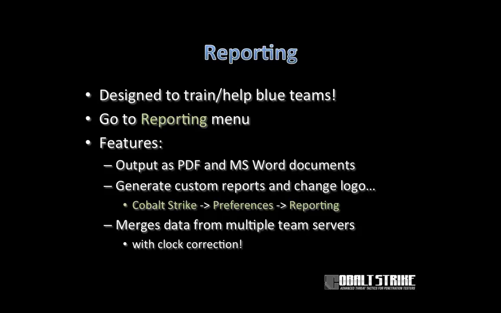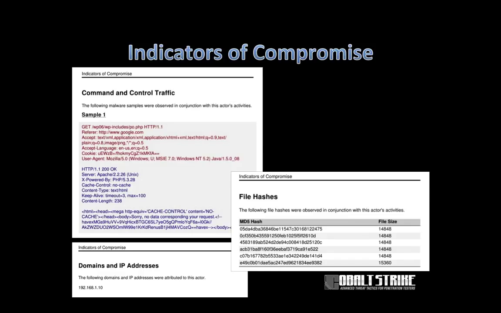Cobalt-Strike also takes steps to correct the clock for different time-stamped events between all the different team servers. So when you generate an activity timeline from multiple team servers, even if there's some clock skew, the Cobalt-Strike reports will come out sane. Now, let's go through some of the reports.